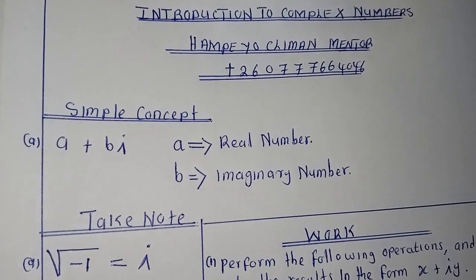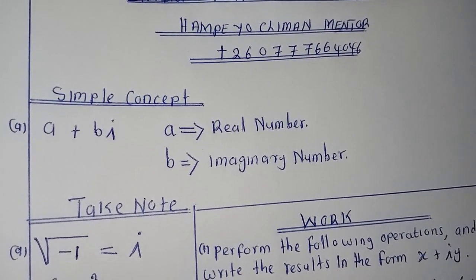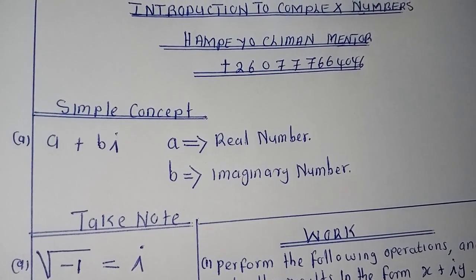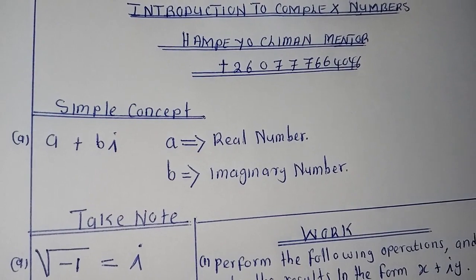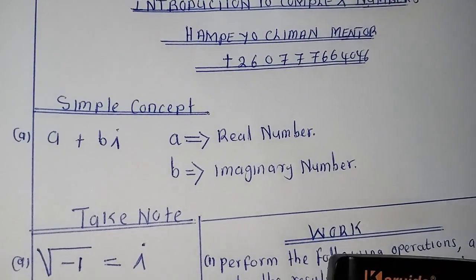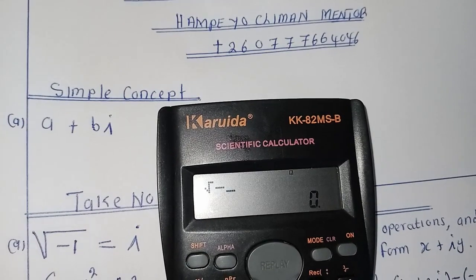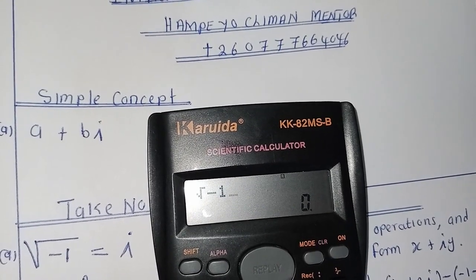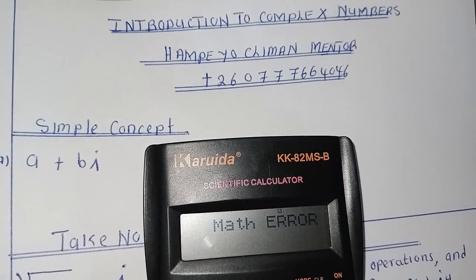Okay, so complex numbers, these are just numbers that go beyond the normal numbering system. So, for example, you remember that if you find a number such that it is a square root of a negative number, you will discover that if you try to find the square root of that number, it will give you math error.